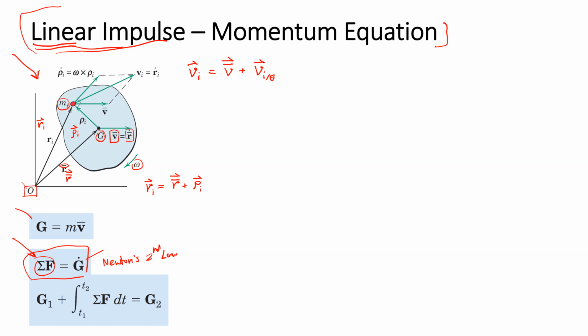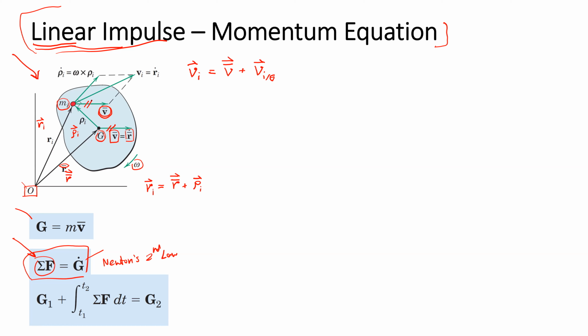If you see the picture, the same vector V bar, if we only consider the effect of translation, the velocity vector of point G, we slide to here, and the vector has the same magnitude and same direction at that point.